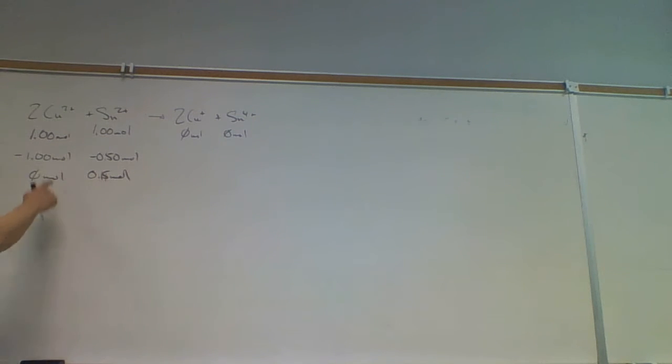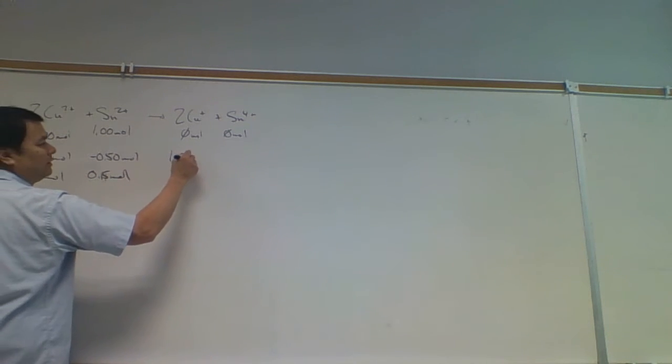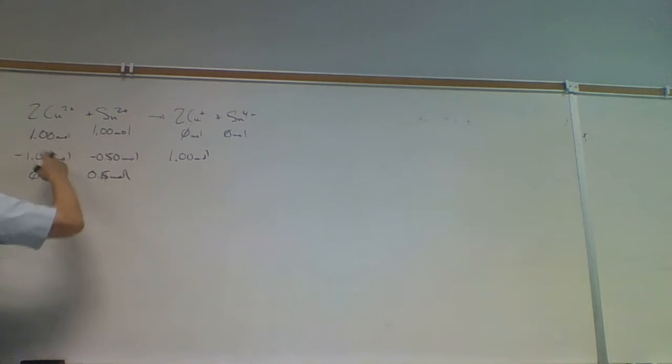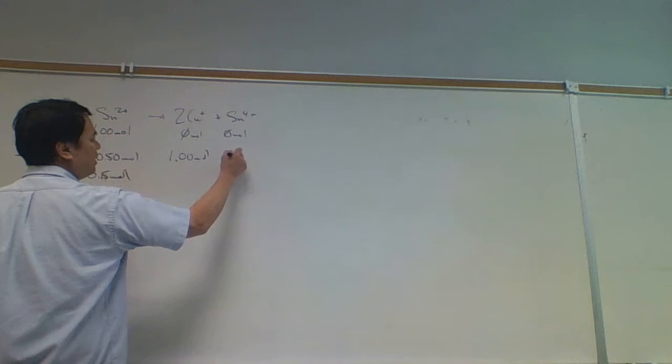Well, atoms are neither created nor destroyed. So if we start off with 1 mole of copper atoms, we've got to end up with 1 mole of copper atoms, even though the charge is different. And the same thing with the tin. We're going to end up with 0.50.